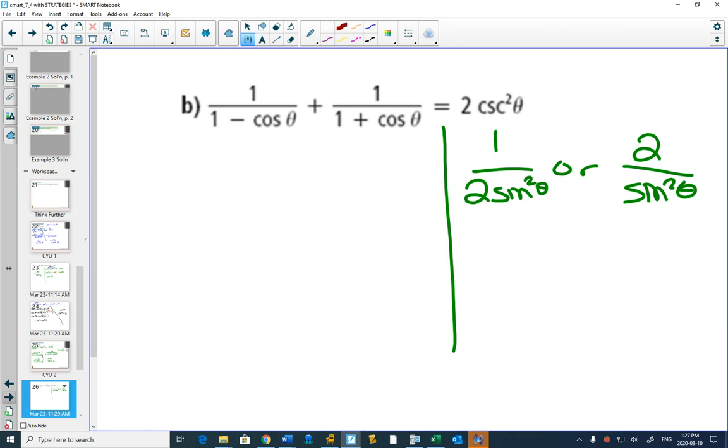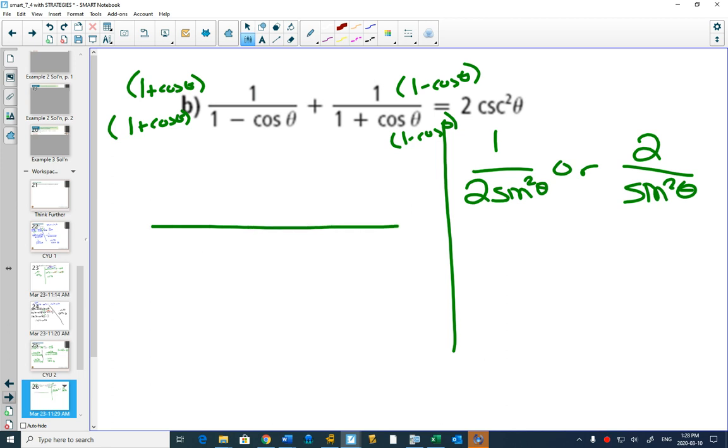On the left-hand side, I'm going to get a single fraction. Anytime you have more than one fraction, usually that strategy of getting a single fraction is important. What's my common denominator? I'm going to have to multiply this one by 1 plus cos theta, and 1 plus cos theta, and this one by 1 minus cos theta, and 1 minus cos theta.